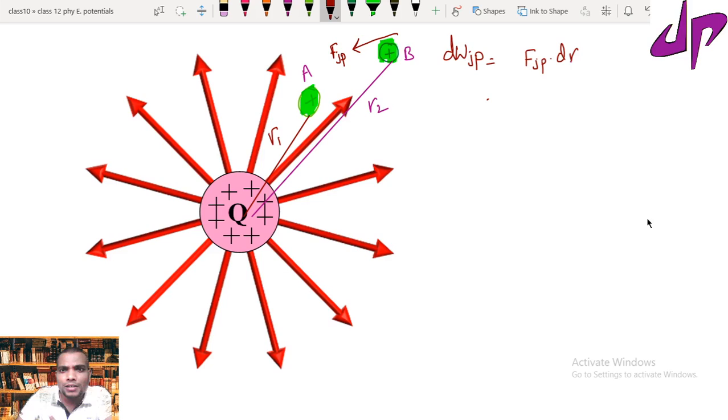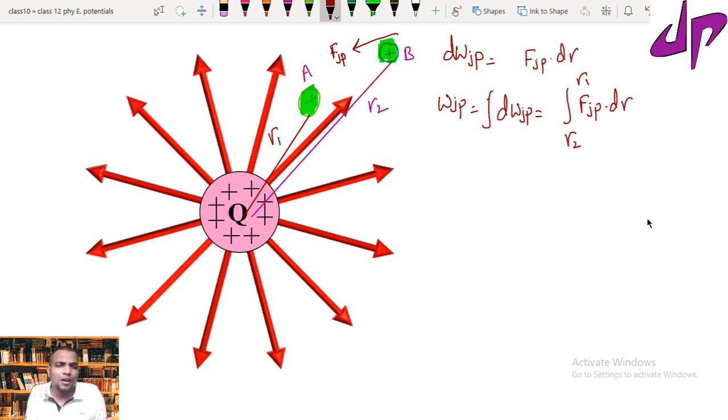The total work done by me equals the integral of dW, which equals the integral of the force applied by me times the displacement from r2 to r1. I don't know how much force I applied, but the force applied by me is exactly equal and opposite to the force applied by the electric field.